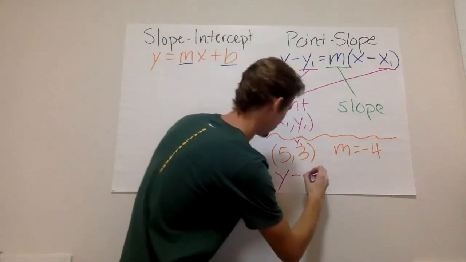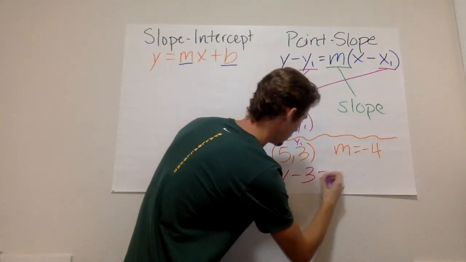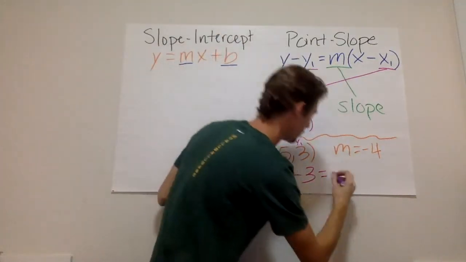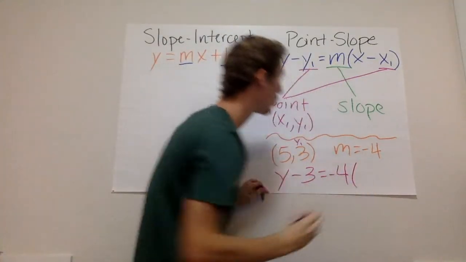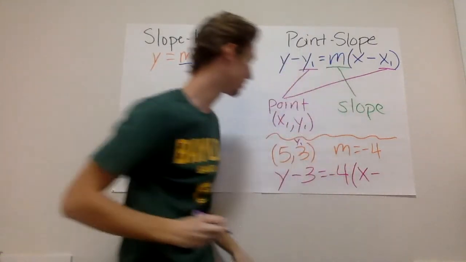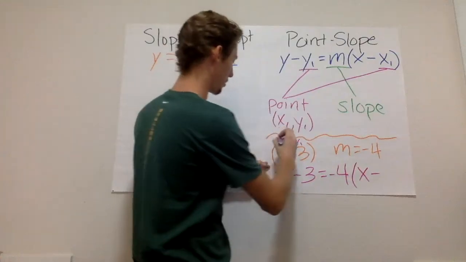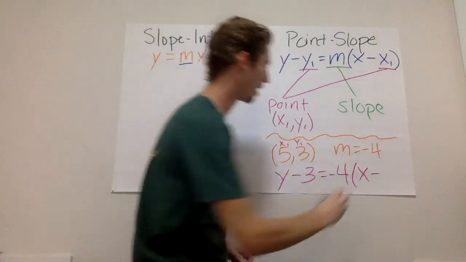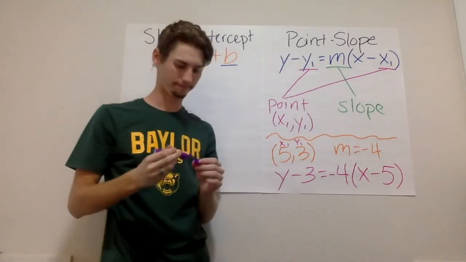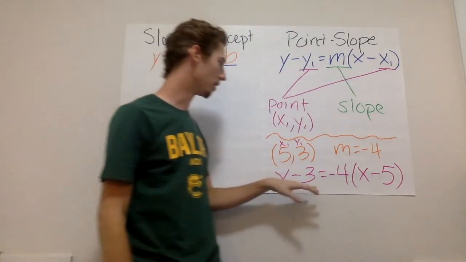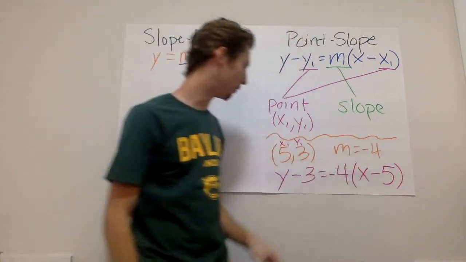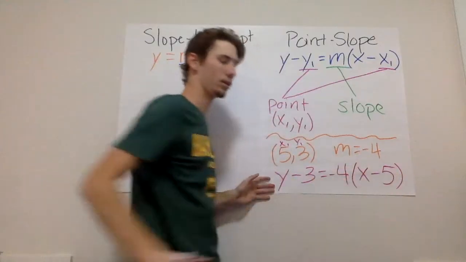This is y1. So we're going to say y minus 3 equals m, the slope, which we know is -4, times the quantity of x, which remember doesn't change, minus x1, which is again coming from our point, which is 5. And that's it. That is the equation of the line that goes through the point 5, 3 and has a slope of -4, in point-slope form.